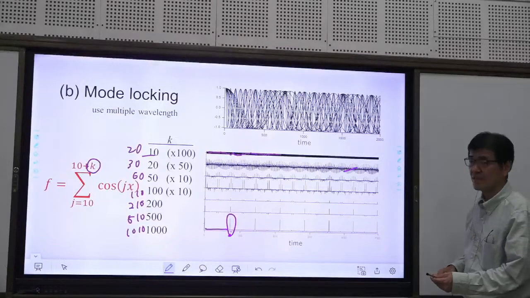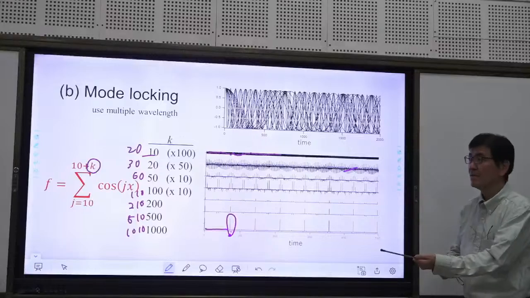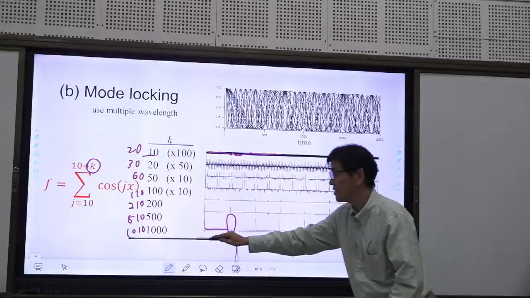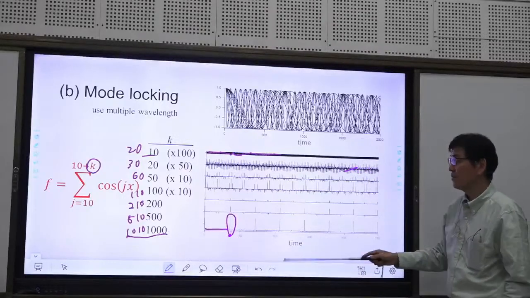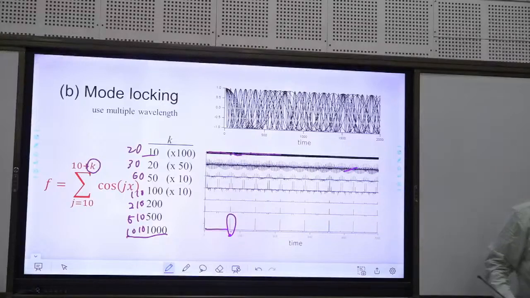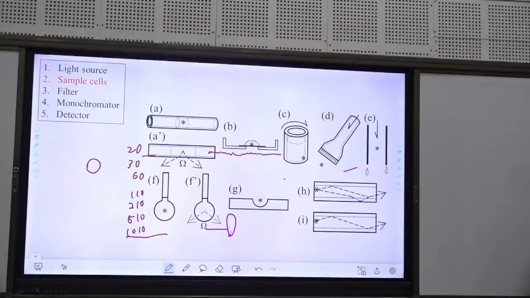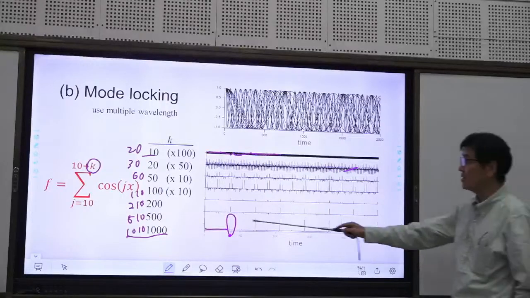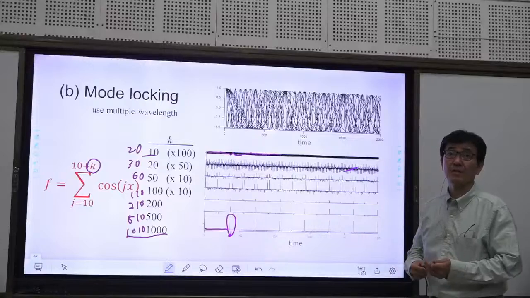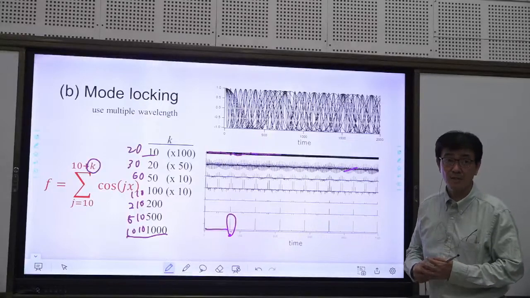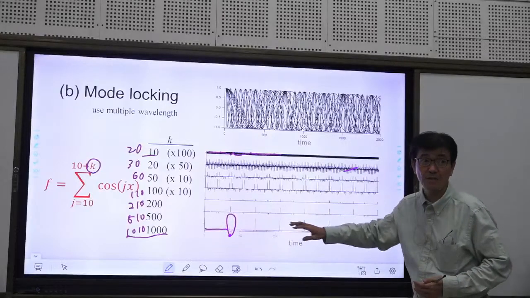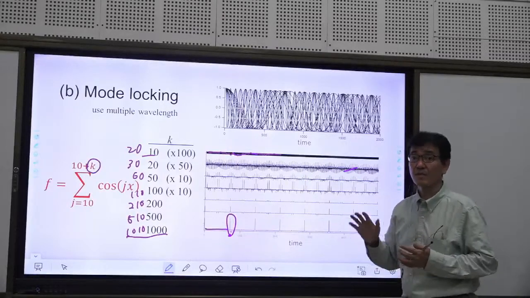So if we can prepare a laser beam having such a large number of wavelengths, we can prepare such a pulse laser. And this kind of mode locking is achieved by using the titanium sapphire as a laser medium. Already this is commercially available and widely used and very stable.